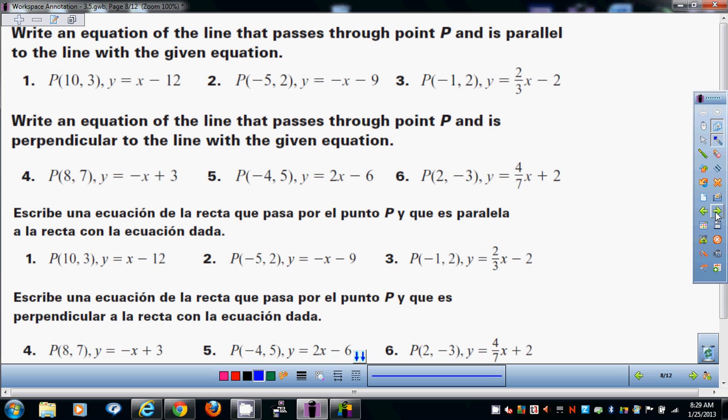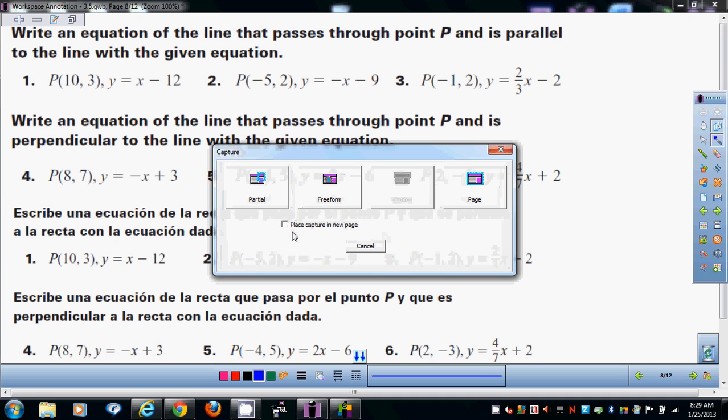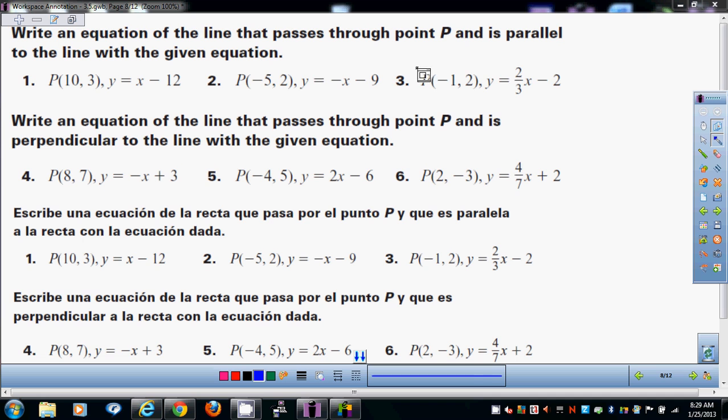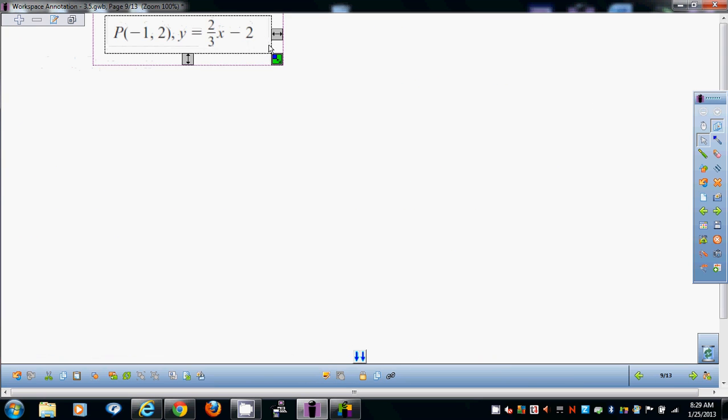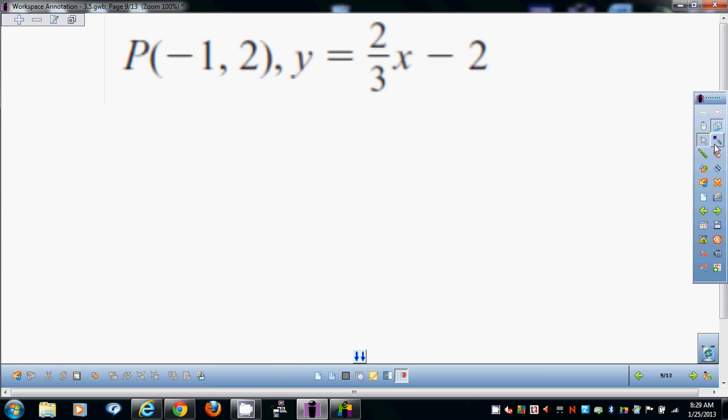So number 3. I'm going to take this one elsewhere. Number 3. So we need to go through that point parallel to that line. If it's parallel, who's going to come? Jensen, what's my slope of my new line going to be if it's parallel to this one?